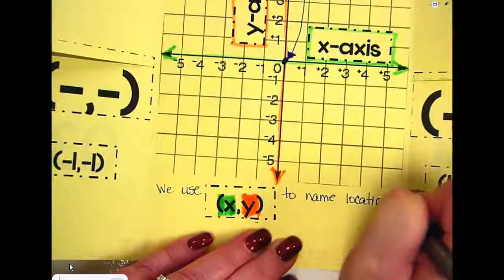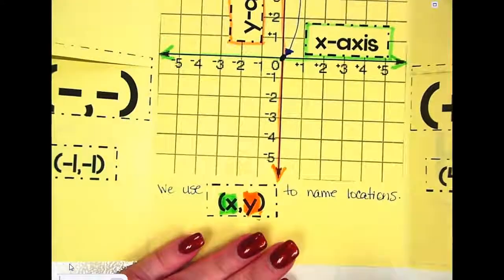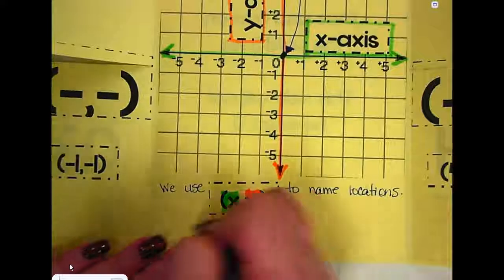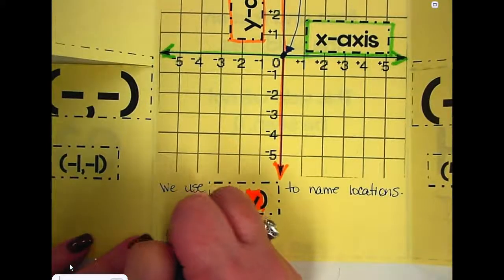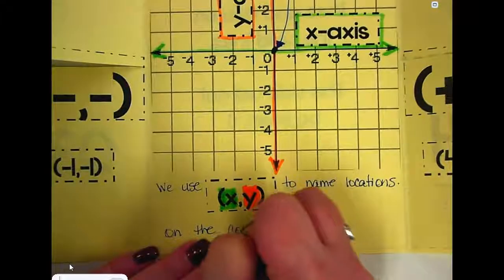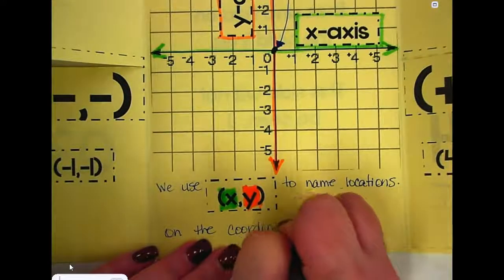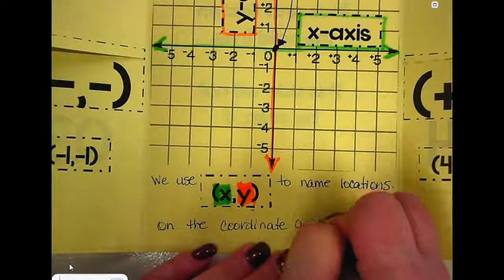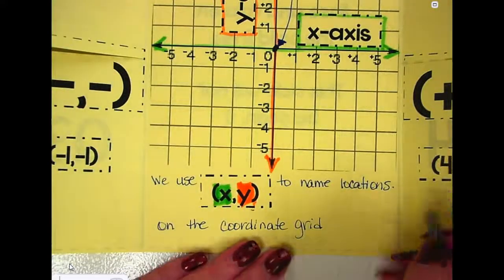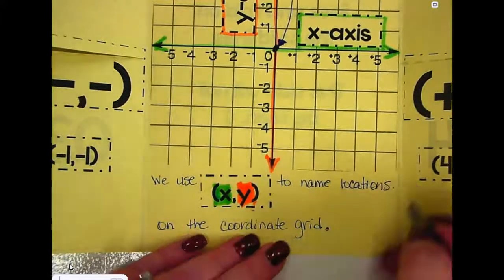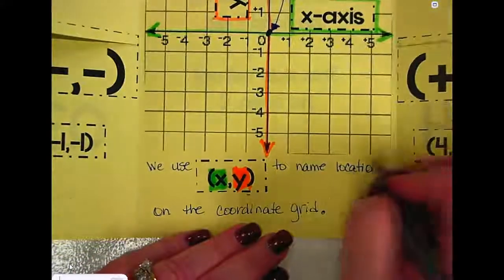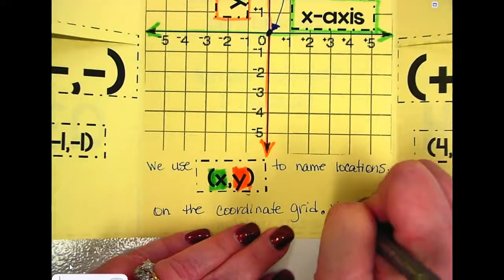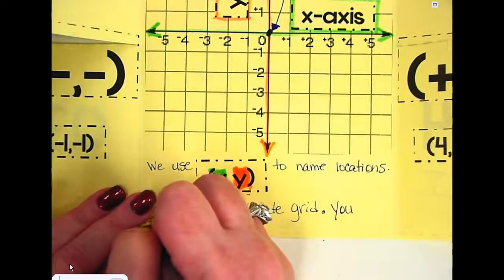It's the way that we give a name to locations on the coordinate grid. And one of the hints is you have to run before you can rise. You have to run before you can rise.